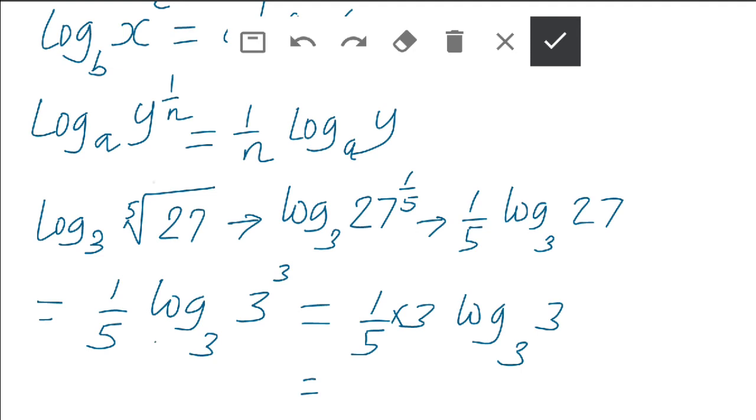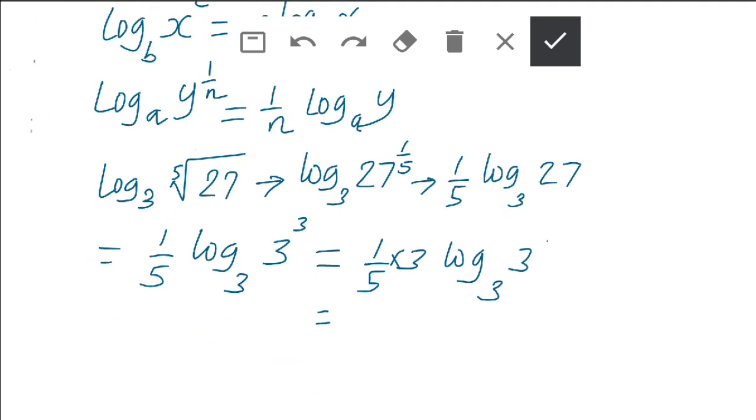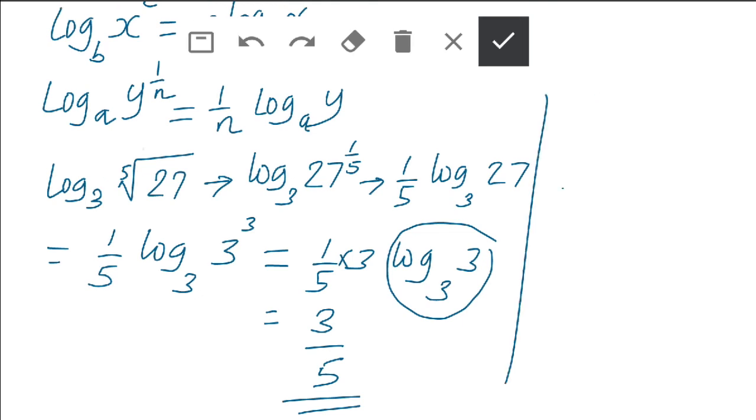And what we need to note at this juncture, whenever you see the log of a number to the same base, the answer is simply 1. So we shall just end up with 3 over 5. So in short, another law that we need to underscore is that the log to base a of a is 1.